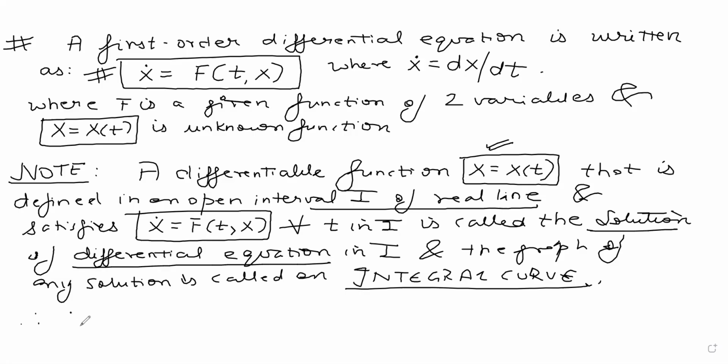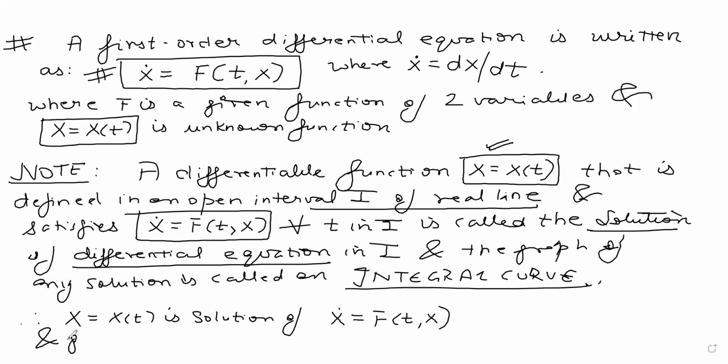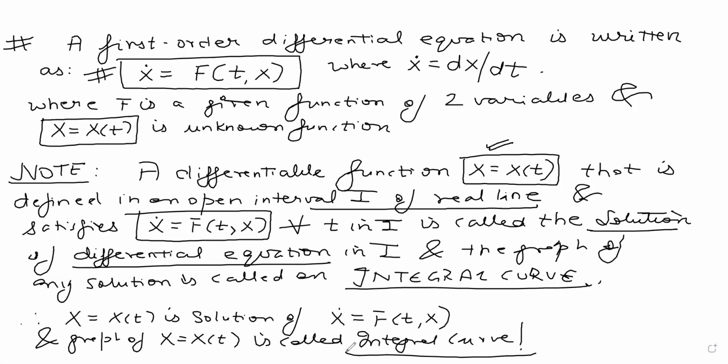So basically I can say that x as a function of t is the solution of the first order differential equation x dot as a function of t and x, and the graph of x equal to x of t is called the integral curve. When you plot the graph of x as a function of t, you get the integral curve.